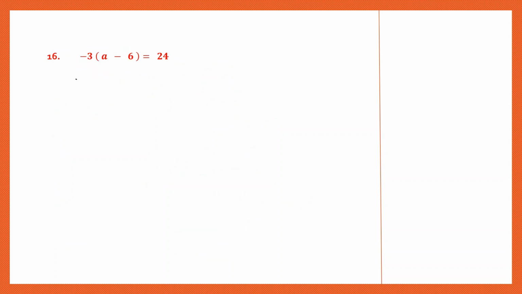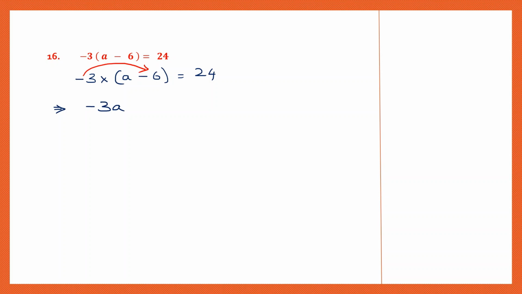Question 16. So let's write minus 3 into a minus 6 equals 24. So first we have to multiply minus 3 into a. So let's do that. Minus 3 into a becomes minus 3a. So now we finish with this. Let's multiply minus 3 into minus 6.